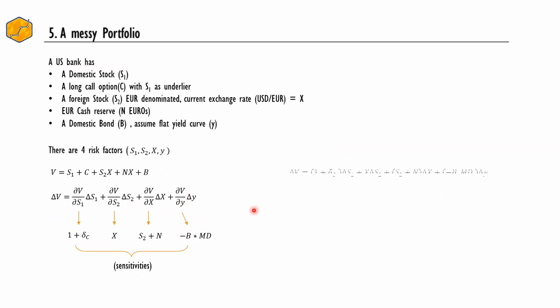So let's plug these sensitivities into the Taylor series expansion. Each of these partial derivatives we replace with the sensitivities. Now at this point, there are 4 random normals, and it's a linear combination of 4 random normals.